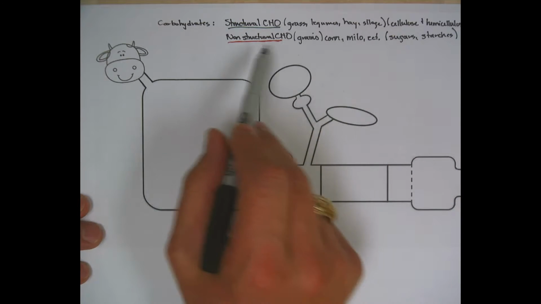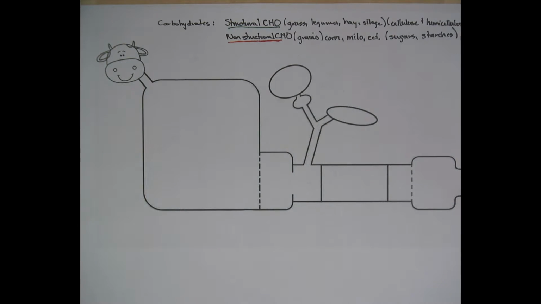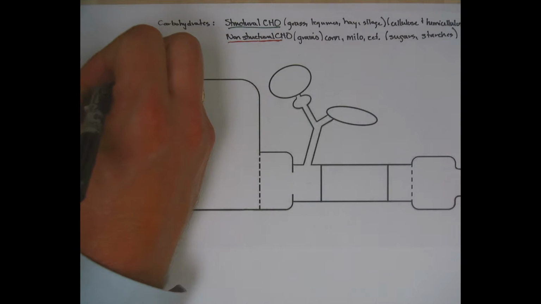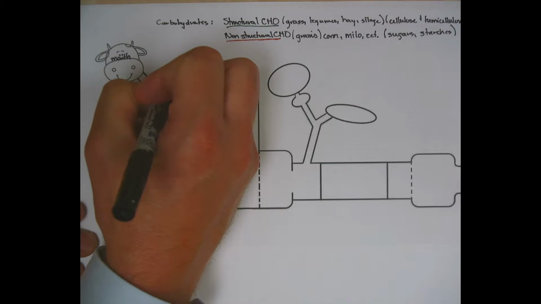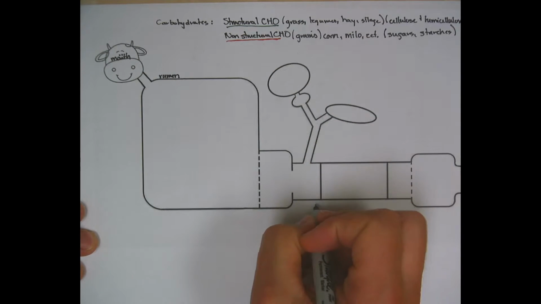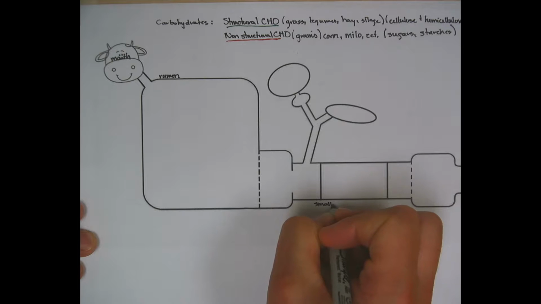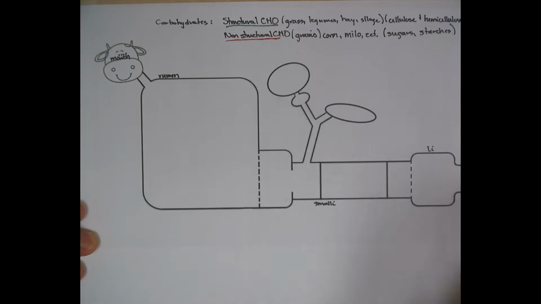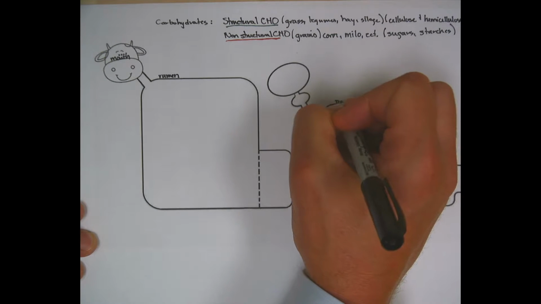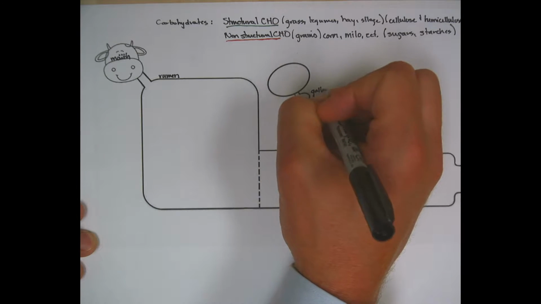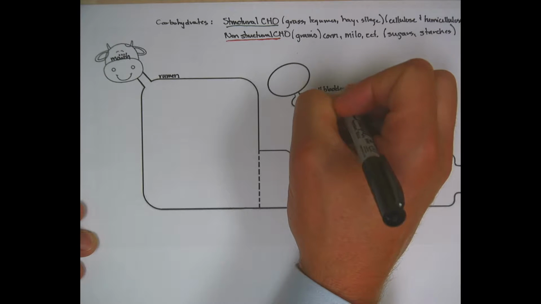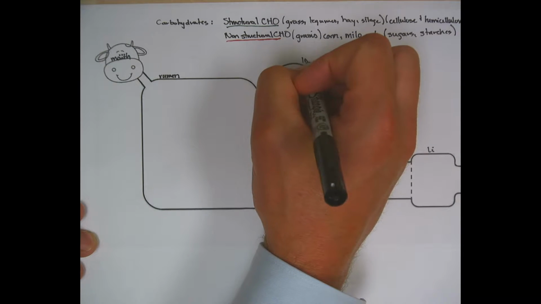And so how the animal is going to use these are different, but we'll start with the similarities. So again, we have the mouth, we have the rumen, we have the small intestine, we have the large intestine, we have the pancreas, the gallbladder, and the liver.